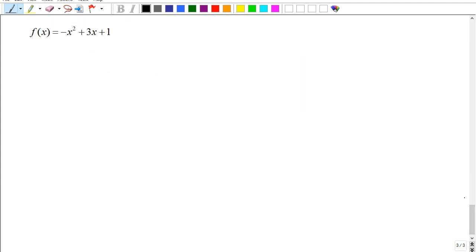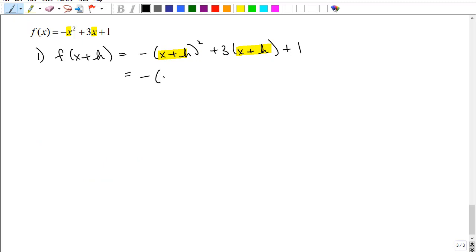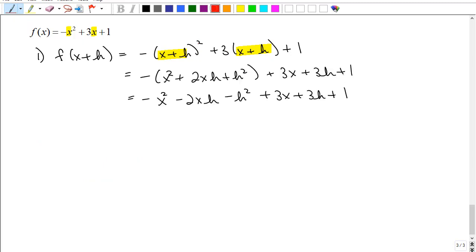So let's just practice that algebra of finding the definition of the derivative. So step 1, I'm just going to find f of x plus h. Again, everywhere there's an x, I'm filling in an x plus h. You want to be really careful that you square this out first, then distribute that minus sign.